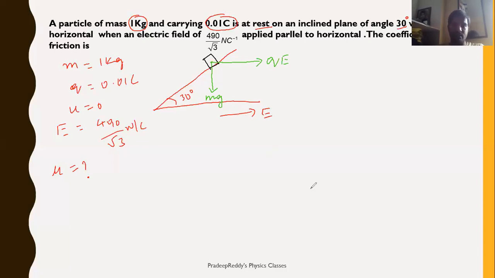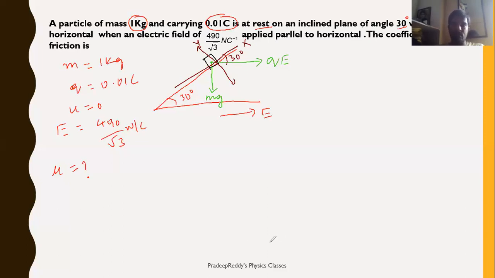So let me choose this as the x axis and this as the y axis. And this angle will be 30 degrees. And qE can be resolved into components.